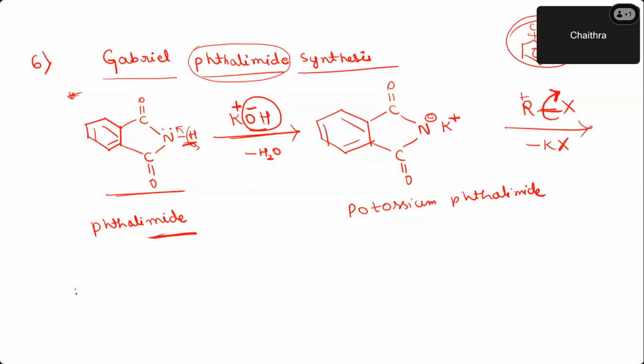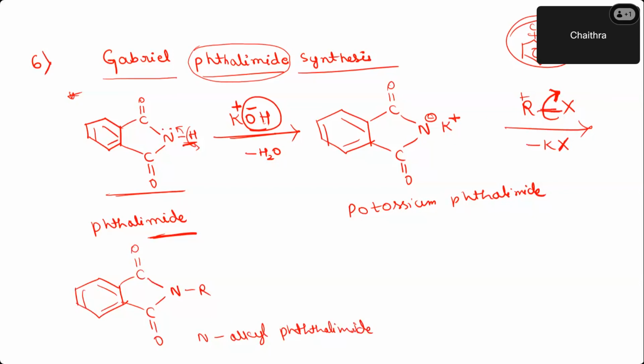Now you write the next product. You have a benzene ring attached to C double bond O, next C double bond O, and you have nitrogen here, and you will be attaching R. So this is called N-alkyl phthalimide, as an alkyl group is attached to nitrogen.